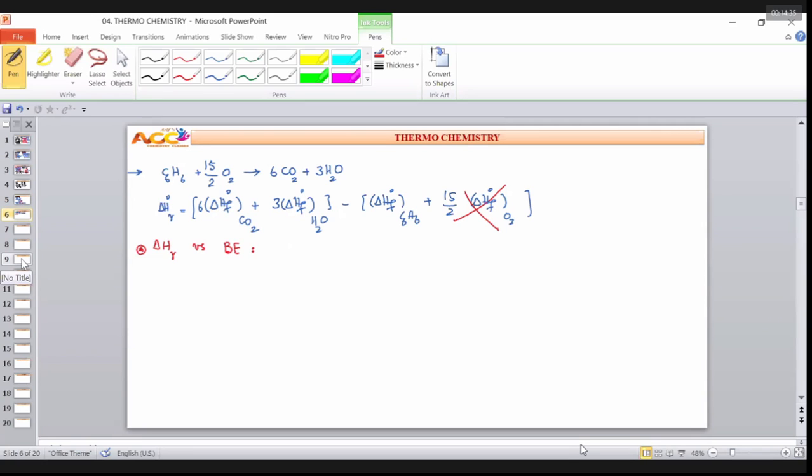Formation. Whenever we have formation of any substance, it means our interest is to form a stable product. And what do we mean by stable product? Stable product means the energy of the product should be less, because in nature there is a rule that substances having less energy are more stable. Least energy, more stable, right?